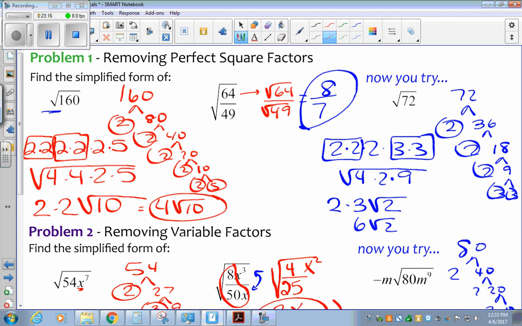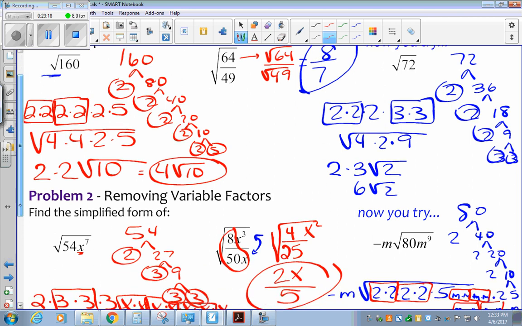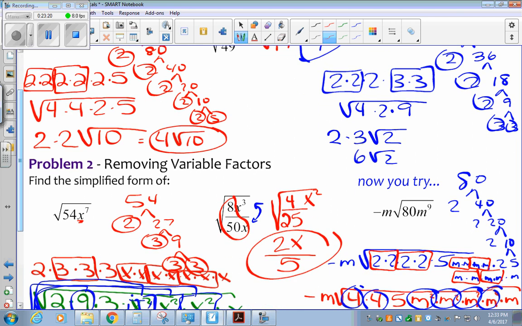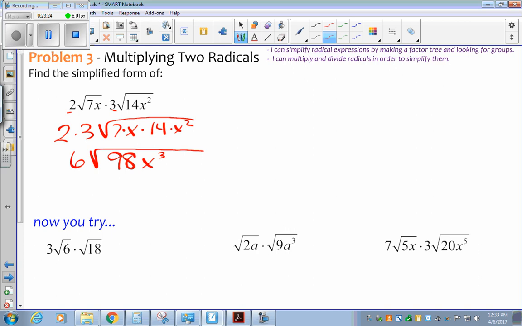We need to, like in this case, divvy up that 98. I know 98 is 2 times 49. 49 is 7 times 7.